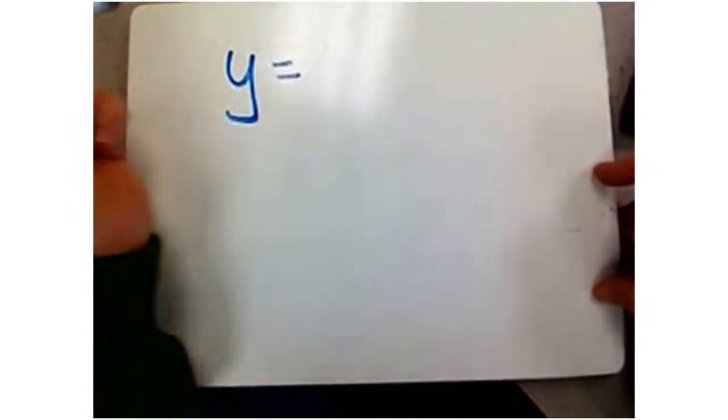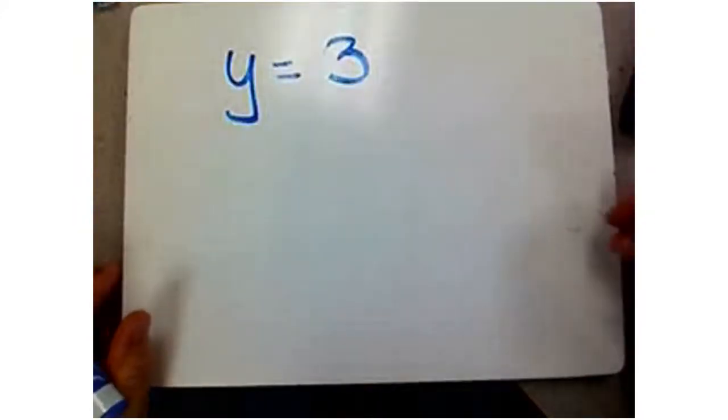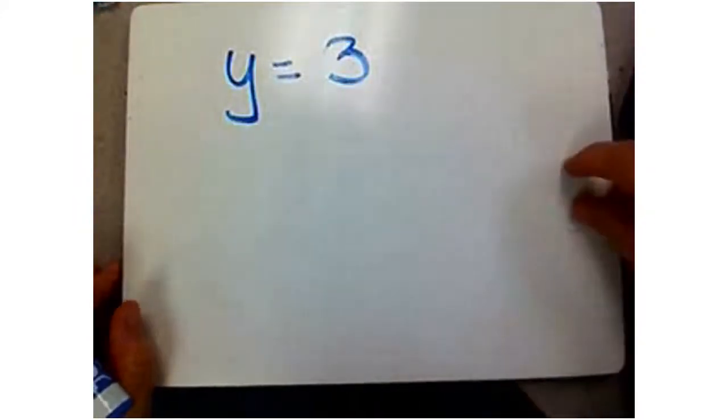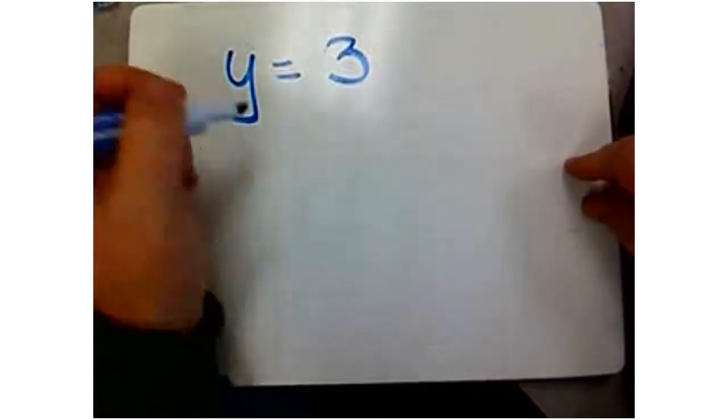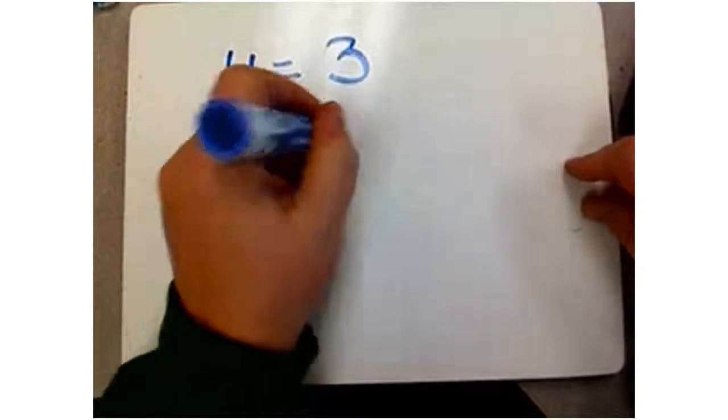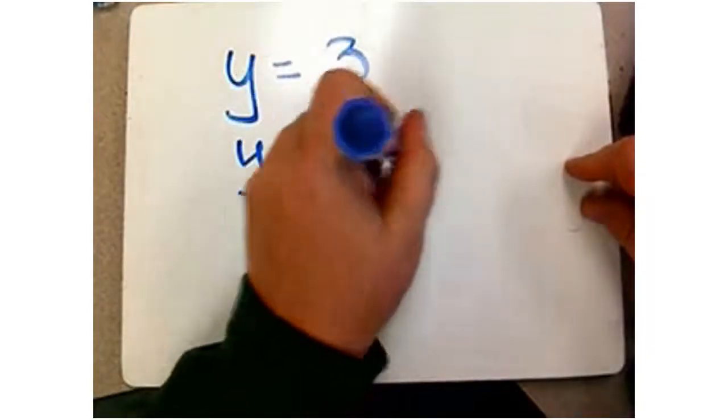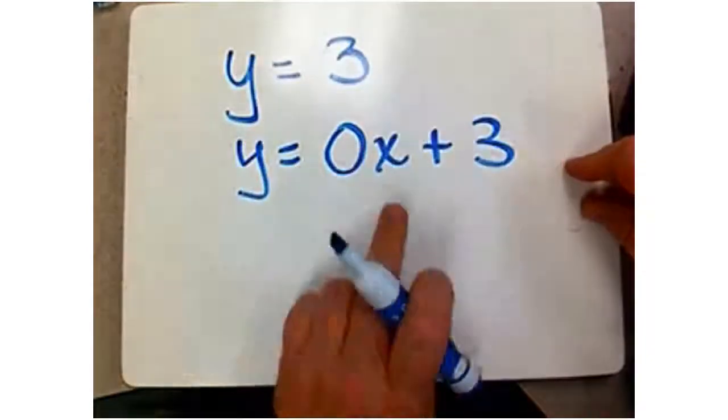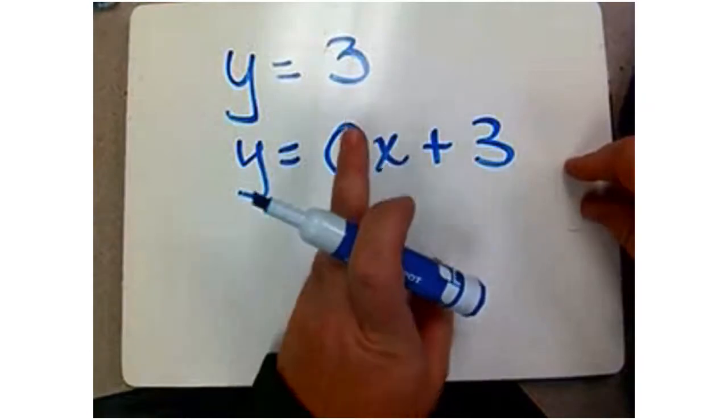All right, the next equation, example number 2, is y equals 3. This is in slope-intercept form, believe it or not. You might say, well, where's the mx? You could rewrite this y equals 0x plus 3, because there is an x in this.